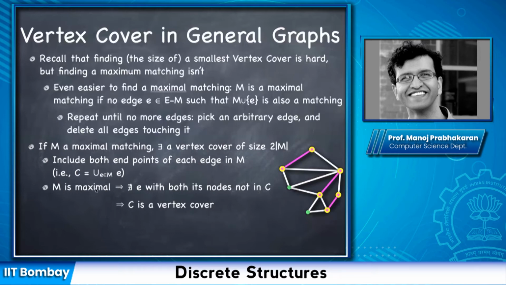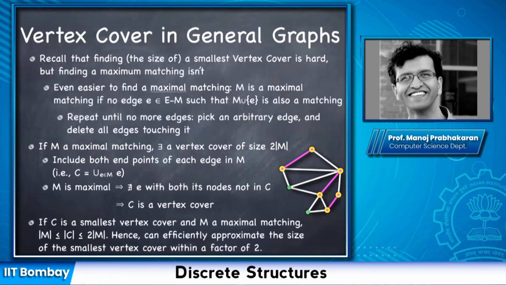So if m is maximal, there is no such edge I could have added, and that means every edge is covered by these 6 nodes that I picked here. Okay, so another way to say that is if you found the smallest vertex cover C and some maximal matching m, I'm guaranteed that the size of the smallest vertex cover is less than or equal to twice the size of the maximal matching.